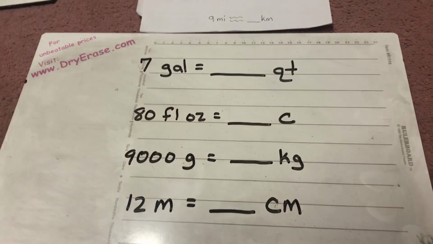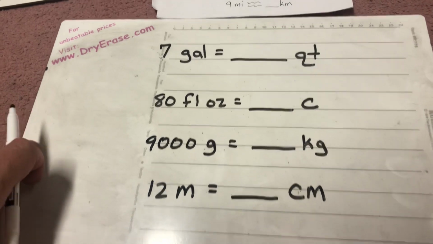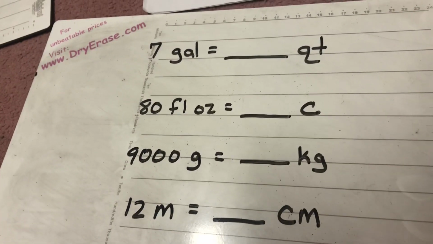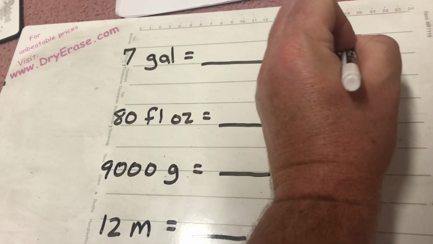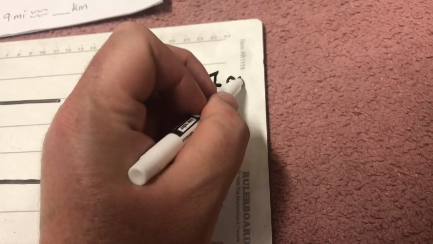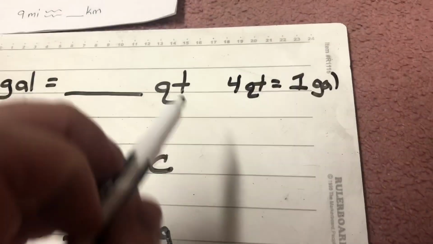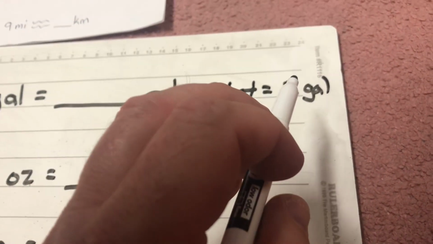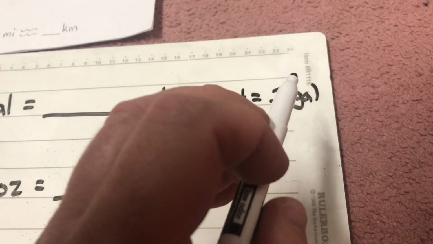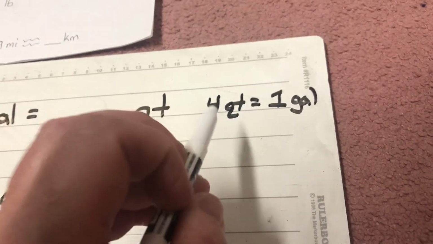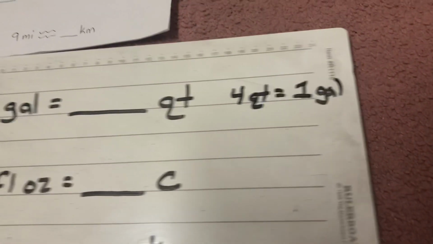7 gallons equals blank quarts. Well, if you look at the conversion chart between gallons and quarts, it'll tell you that 4 quarts equals 1 gallon. So when you know that 4 quarts equals 1 gallon, that has to tell you that 1 gallon is bigger than 1 quart because it takes 4 quarts to make 1 gallon.